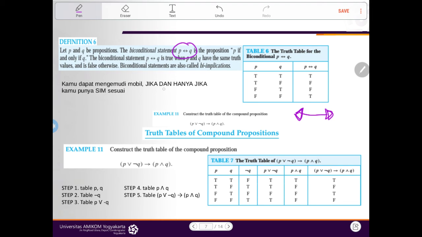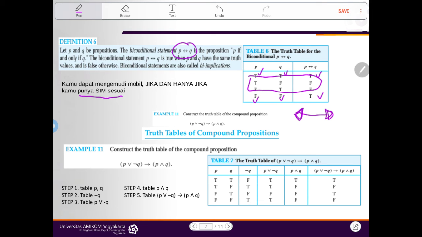You can drive a car if and only if you have a proper driver license. So if you drive a car and you have the proper driver license, the if and only if is true. And if you don't drive a car and you don't have a driver license, also true. Otherwise it's false. I think it's easy to understand logically.